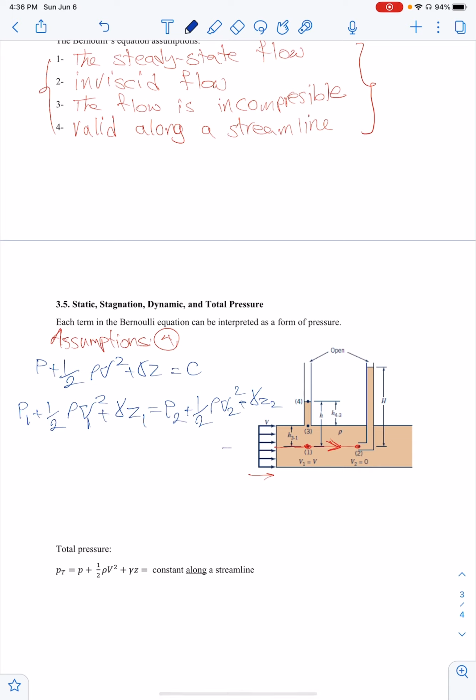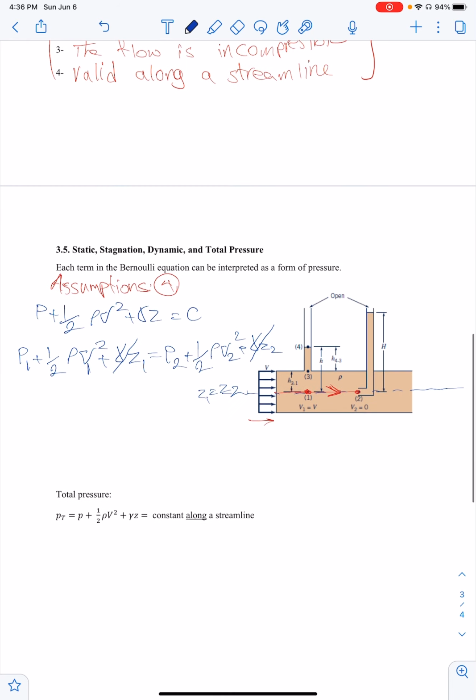If we look at the elevation right here, Z1 and Z2 are equal because there is no difference between the elevations. So these two are going to cancel out.